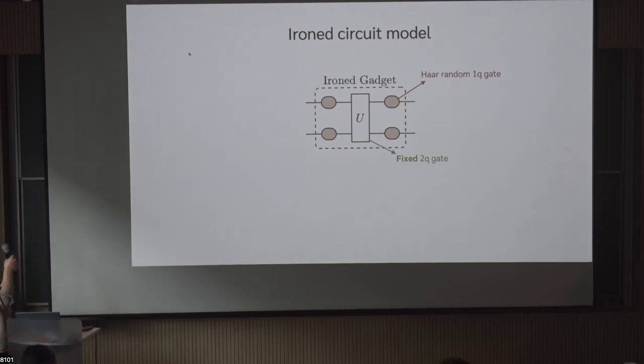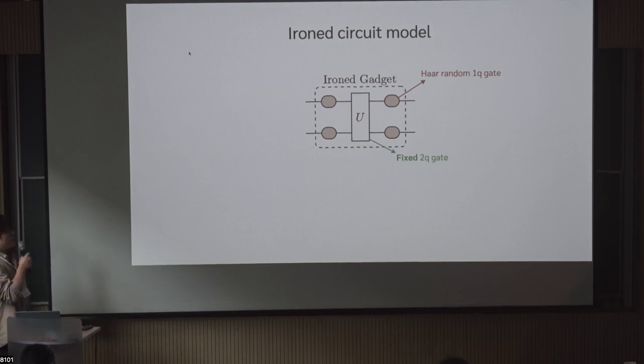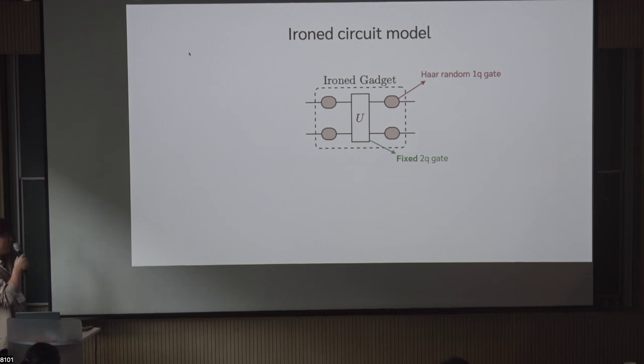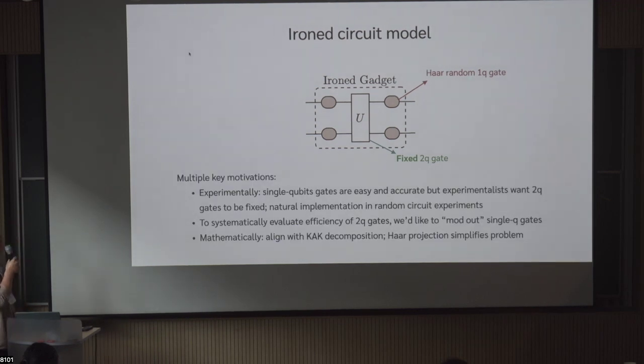Okay, so here there's a very simple model that we propose to consider. We call it the iron gadget. These pink circles are Haar random one qubit gates, and in the middle we put a fixed two qubit gate. So this gives us an ensemble, but obviously it's not necessarily the Haar random ensemble. And why this is important, I now argue that we have multiple strong reasons.